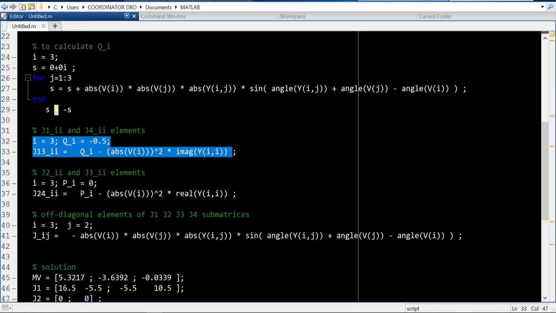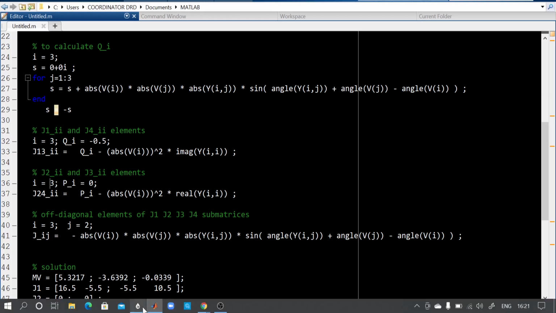Okay, so this is the off diagonal entry J2 J3, and these are diagonal entries. So i equals 3, and P3 is 0. We found P2 and P3 both are 0, right? And this is Pi minus Vi square Gii, the real part of Yii is Gii.